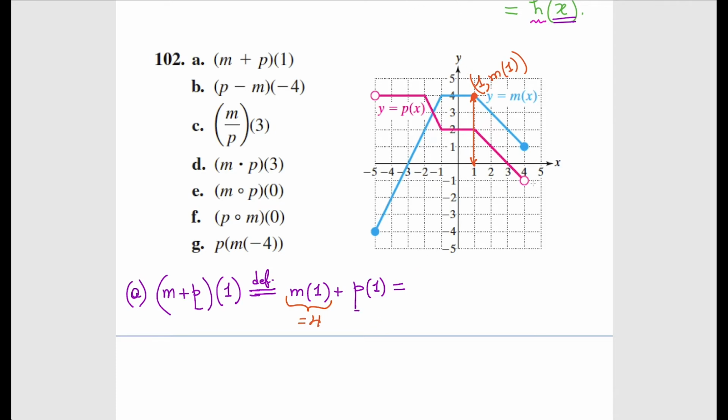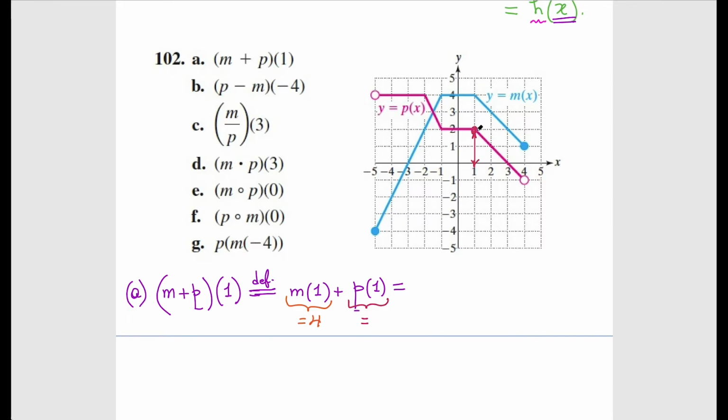Now, let me just clean this part. Now, we still have to do the same work for p of 1 this time. So what's p of 1? The function p now is the pink function, correct? P of 1, that's the 1 again. P of 1 is this height.